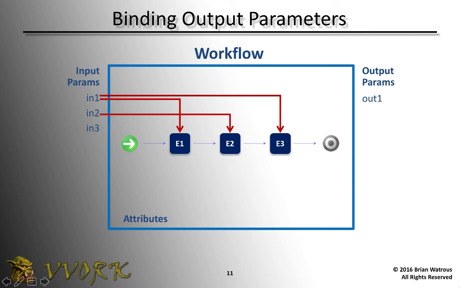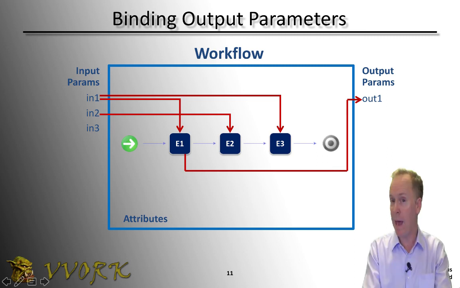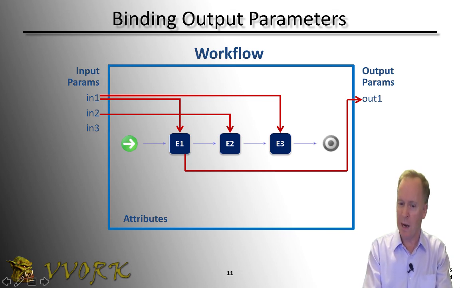We would need to create an output parameter. We already talked about how to do that. And we would need to set up a binding. So in this illustration here, I've created a binding between a variable that's defined within schema element 1, and I've bound that outwardly to the output parameter called out1. So it works the same way.